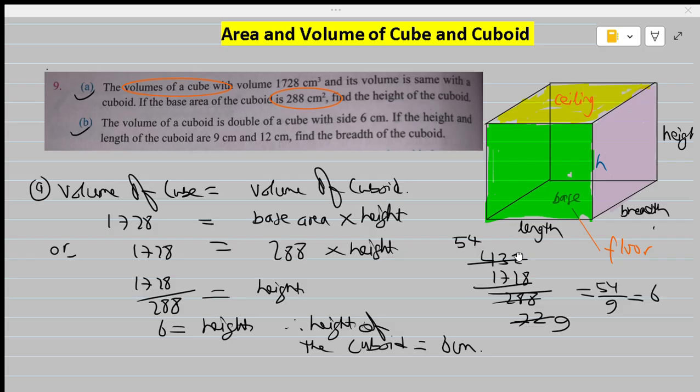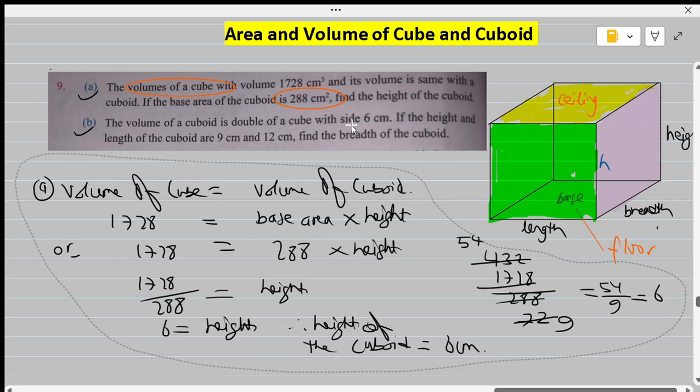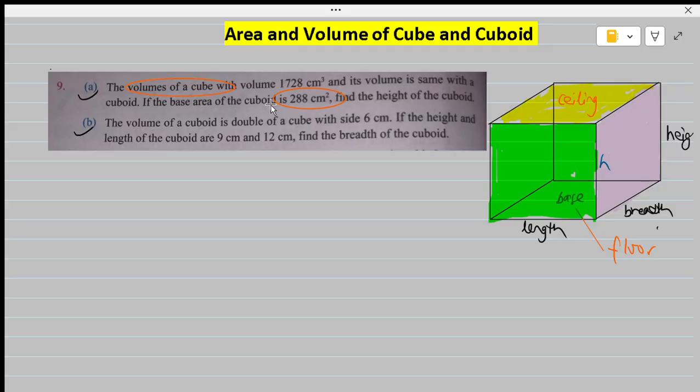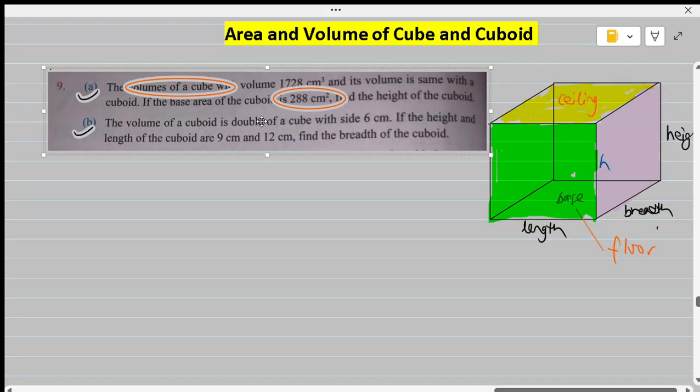Now the last one, number 10. So before going to that, let's make this clear. Okay, so going with number 10.